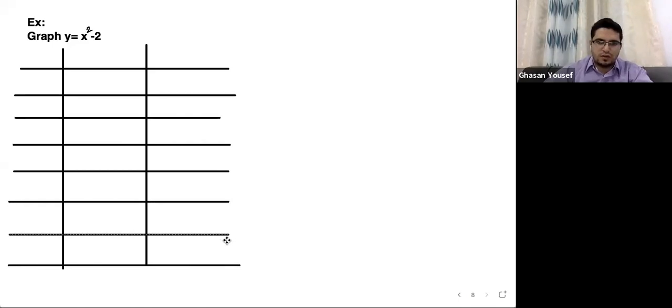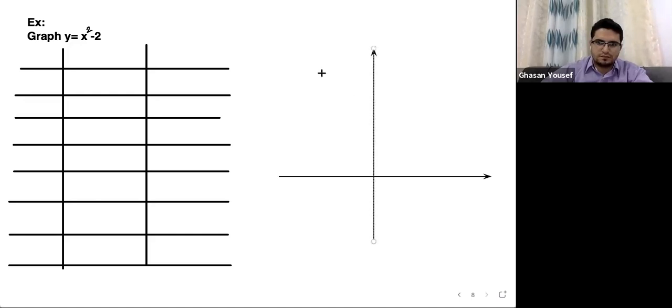And also I will graph the Cartesian plane. Here is the graph of the Cartesian plane. This is the x-axis, and this is my y-axis. So I will take random points.